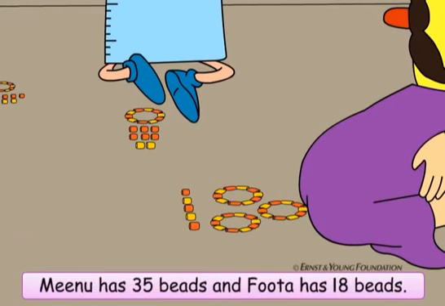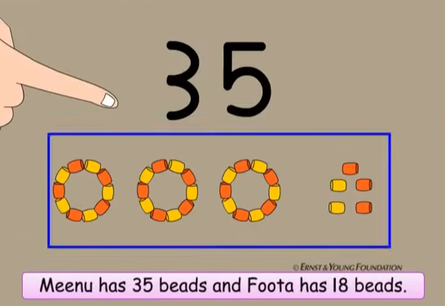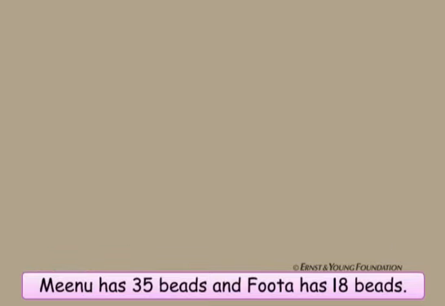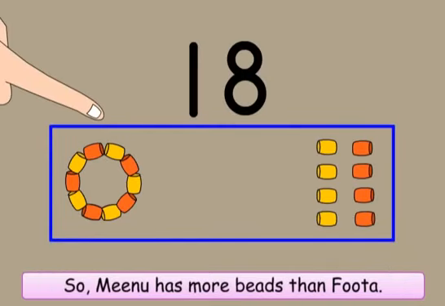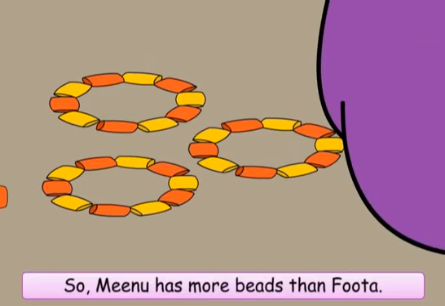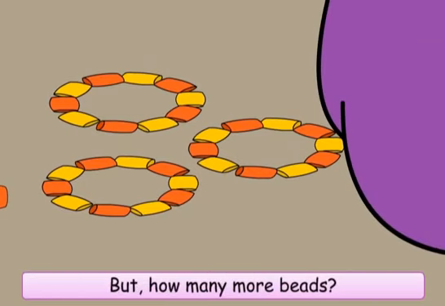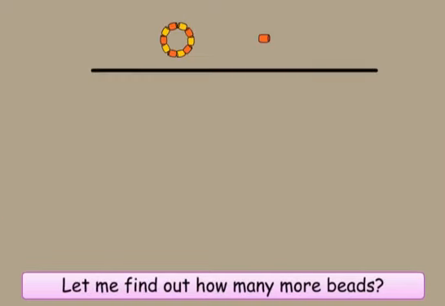Meenu has 35 beads and Futta has 18 beads. So Meenu has more beads than Futta. But how many more beads? Let me find out how many more beads.